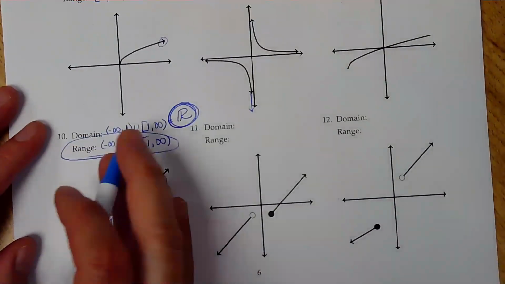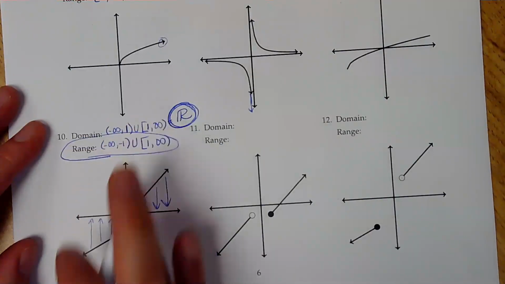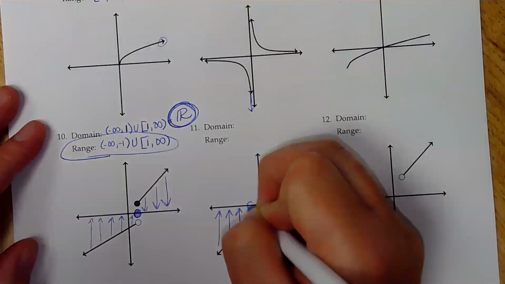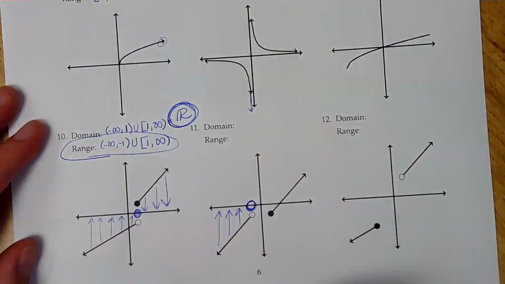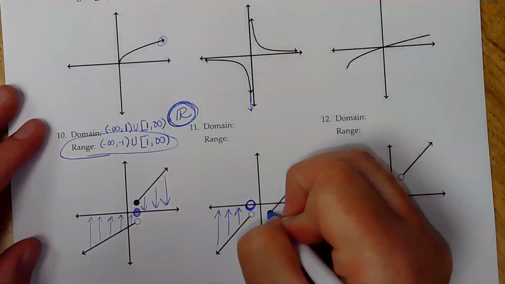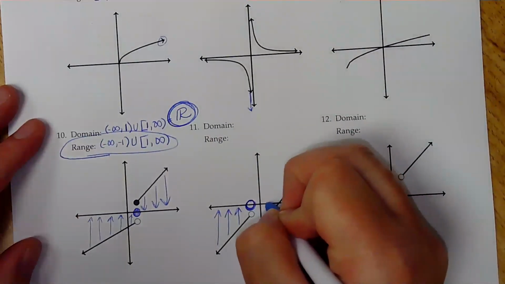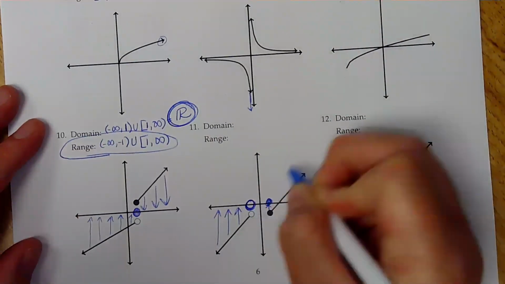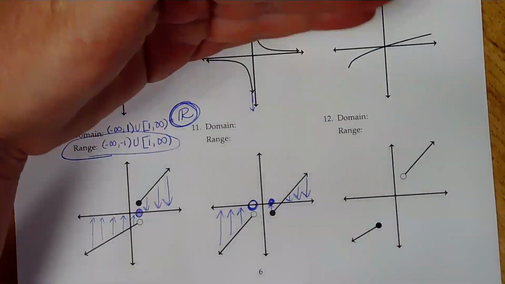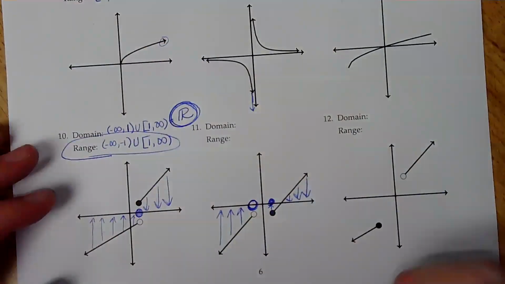So again, we start on the left side for the domain. I see the arrow here, so I'm going to push all of these up to the x-axis. There is my hollow dot, and then I have nothing in the middle here. Then this filled in dot is going to make its way there. And I'm just pushing everything into the x-axis.